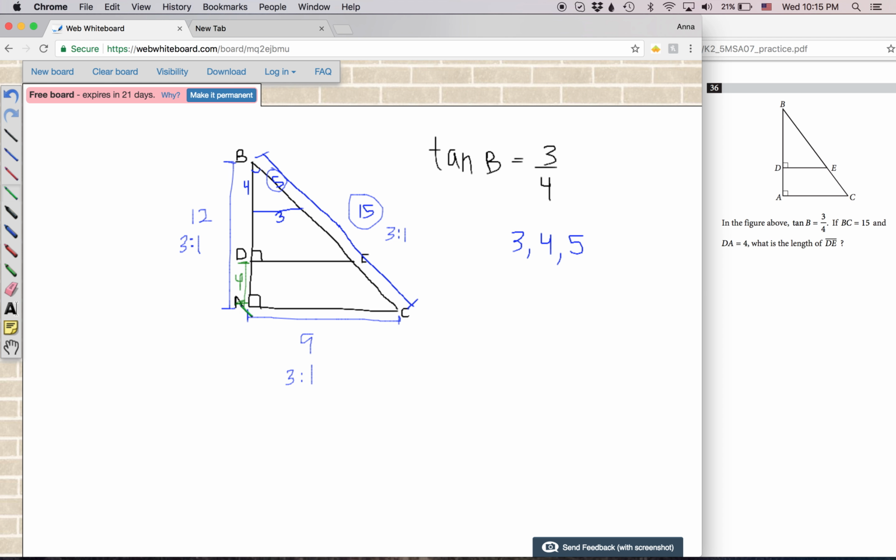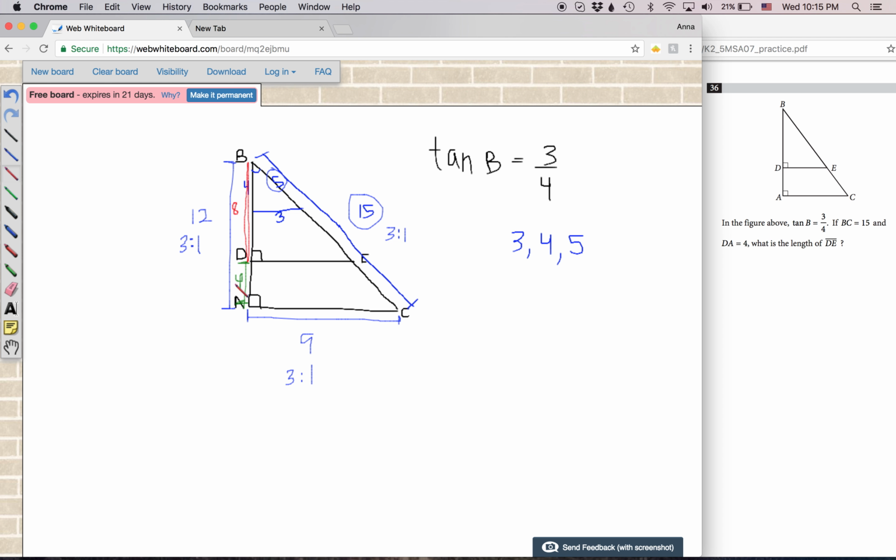Oh, well, that's interesting because we know that the whole thing is 12, right? So now we're starting to work on the top triangle, which is what we need. If DA is 4 and the whole thing's 12, what does DB have to be? Has to be 8, yeah?